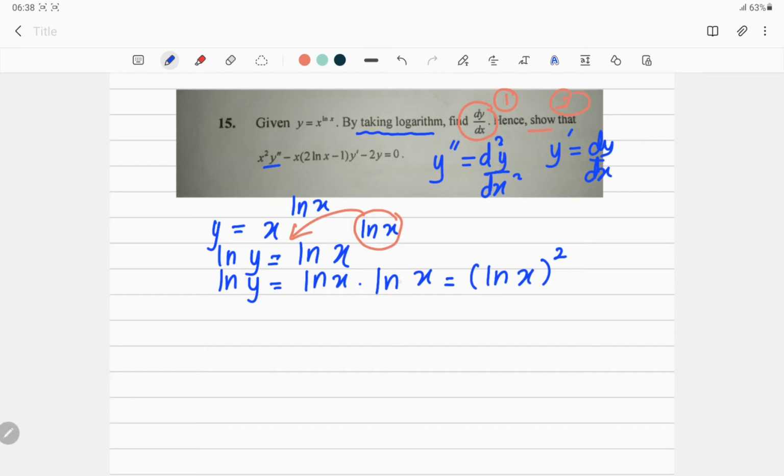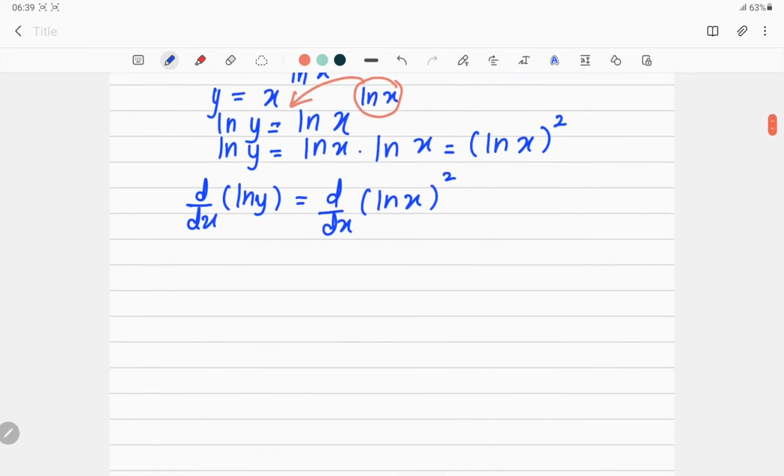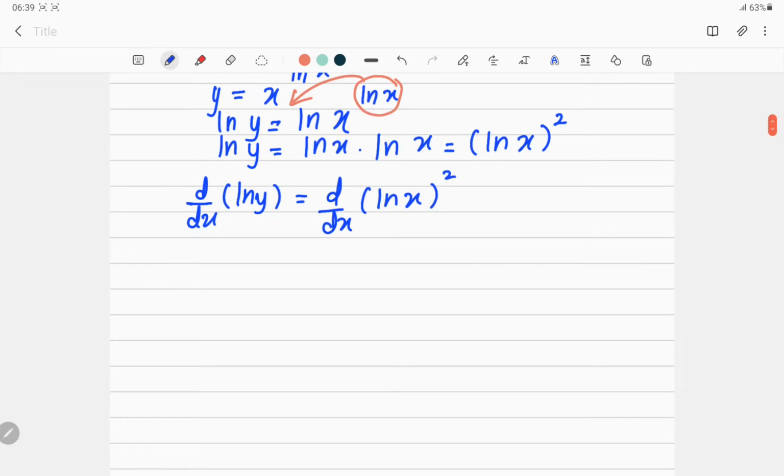So I differentiate both sides. I'm writing down d over dx for ln y equal to d over dx for (ln x) squared. When you differentiate the left hand side, ln y, we have to follow implicit differentiation.